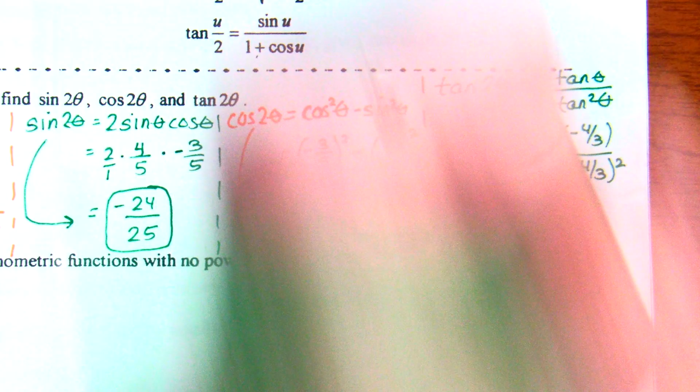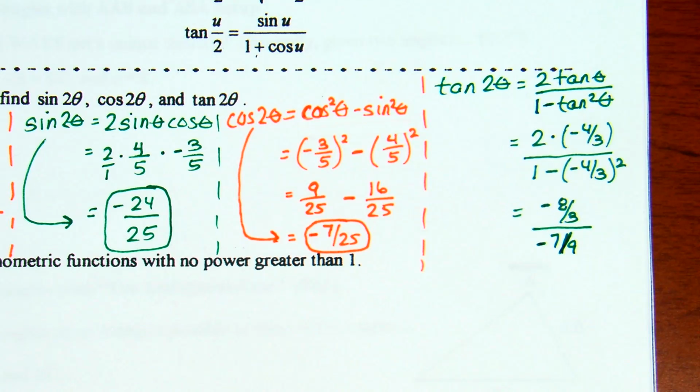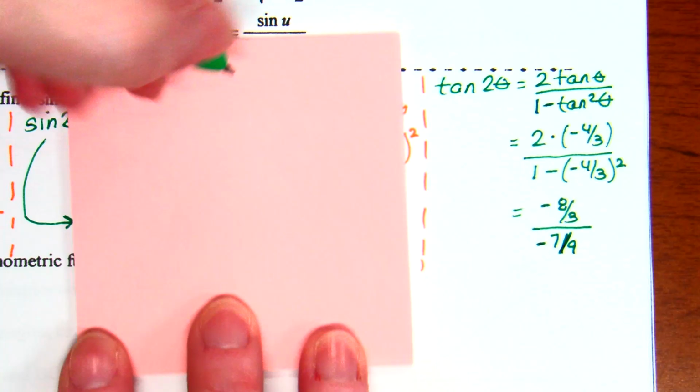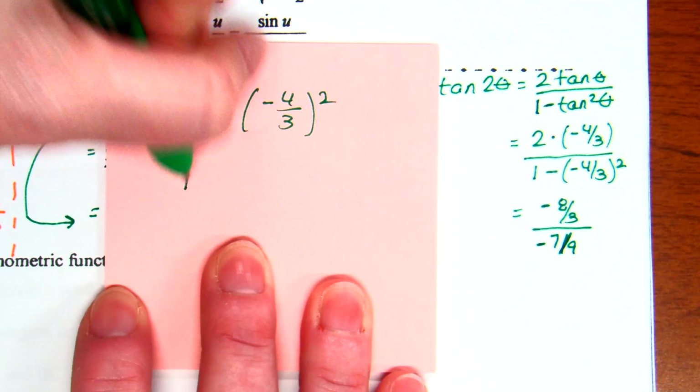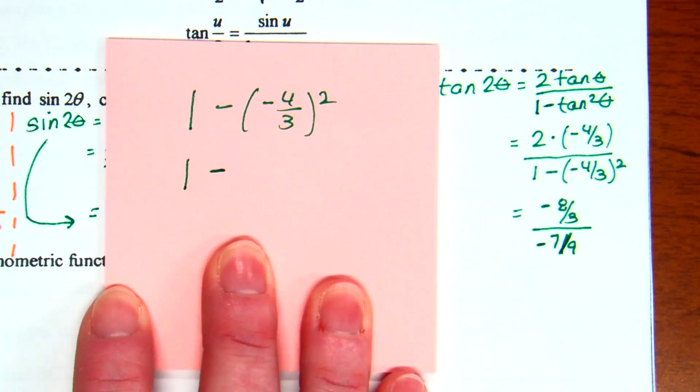Did you guys follow that all right? Yeah. So how come the negative doesn't turn out to a positive? You have to square it before you subtract. Oh, okay. That's what cancels that, and then it goes back again. Okay. So 1 minus negative 4/3 squared, so negative times negative is positive. 4/3 squared is 16 over 9.